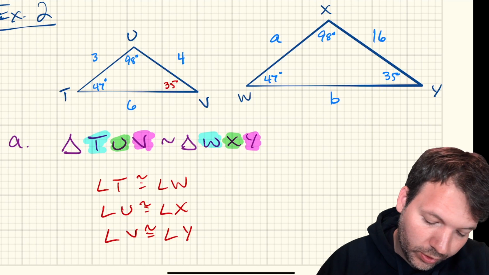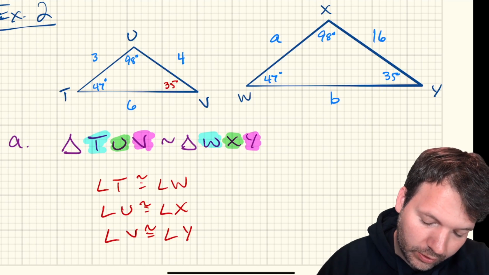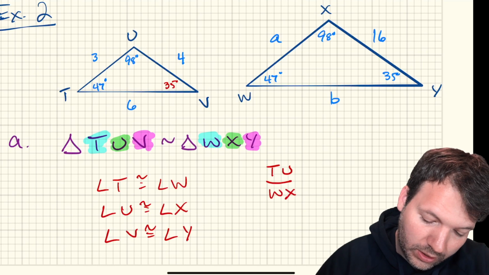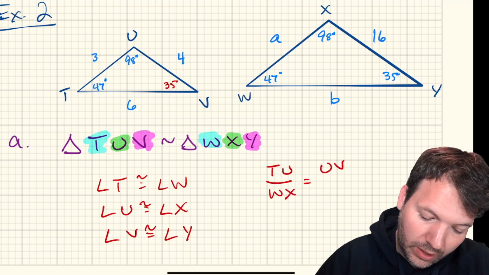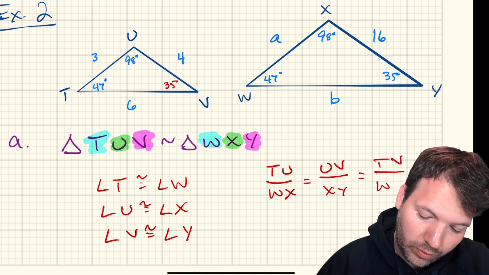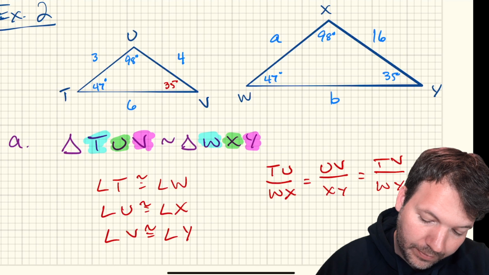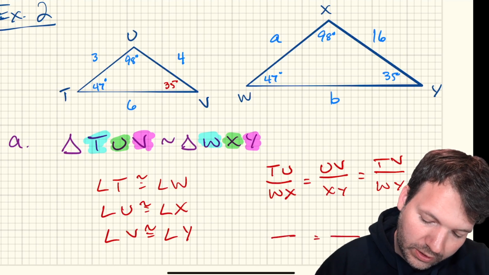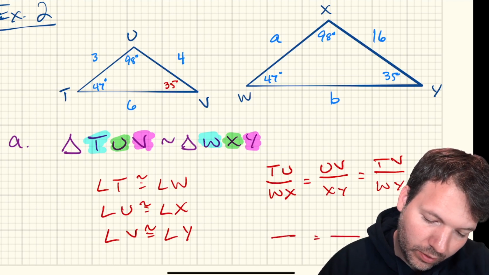It's not super important though, because what we actually want to know are the proportionality relationships. TU compared to WX must be the same thing as UV compared to XY, must be the same thing as TV compared to WY.